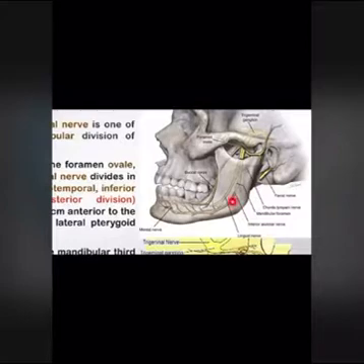When you remove this bone in the other picture, you can see the pterygoid muscle. The lingual nerve passes laterally on this muscle.